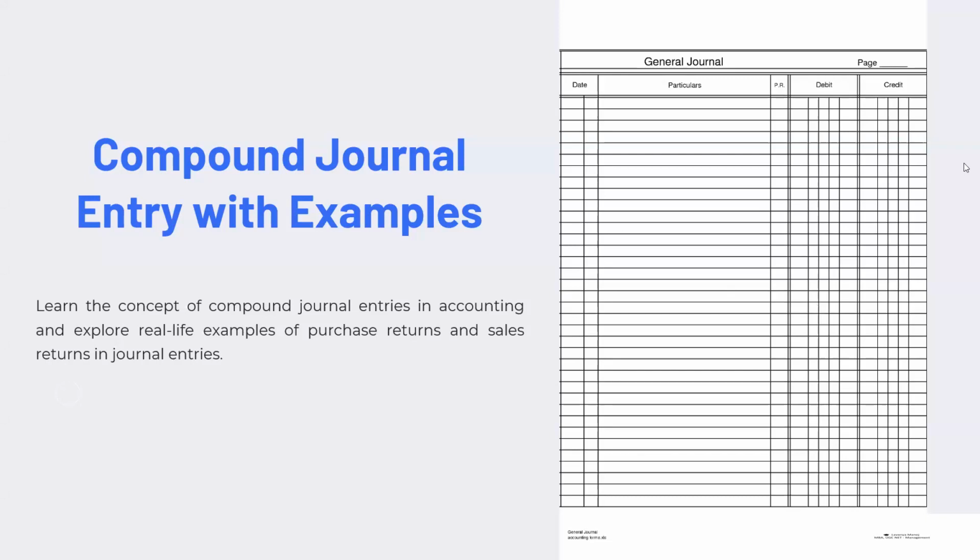Okay. So let's start. In today's session, we are going to see about compound journal entries. Compound is nothing but the combination of journal entries as one single entry. This occurs when the transactions relate to one particular type of account.